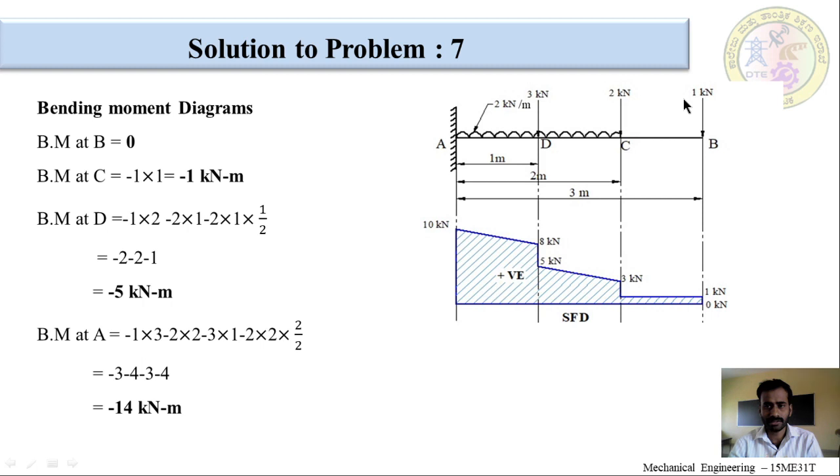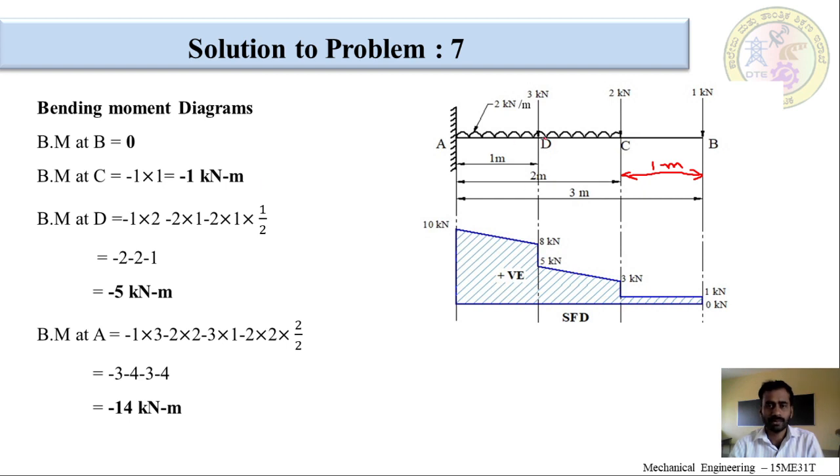According to the sign conventions, hogging bending moment is taken as negative. So, minus 1 into the distance, which is 1 meter from B to C. So, we have minus 1 into 1, which is equal to minus 1 kilonewton meters.